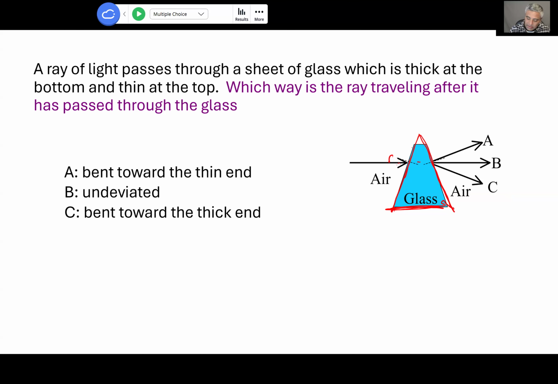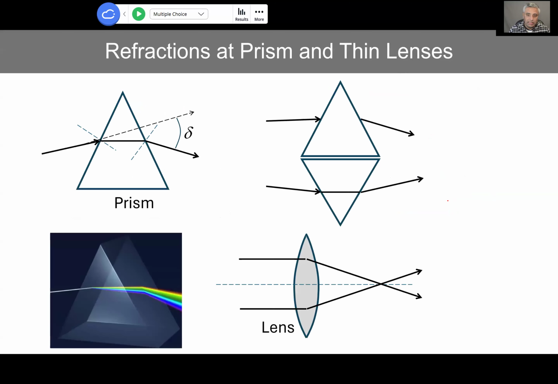But when it's sitting like that, when we are drawing, what happens? It seems like when light enters, it bends towards the base of the prism, rather than the peak of the prism. It bends towards the base of the prism. That basically helps us design what we call a lens.